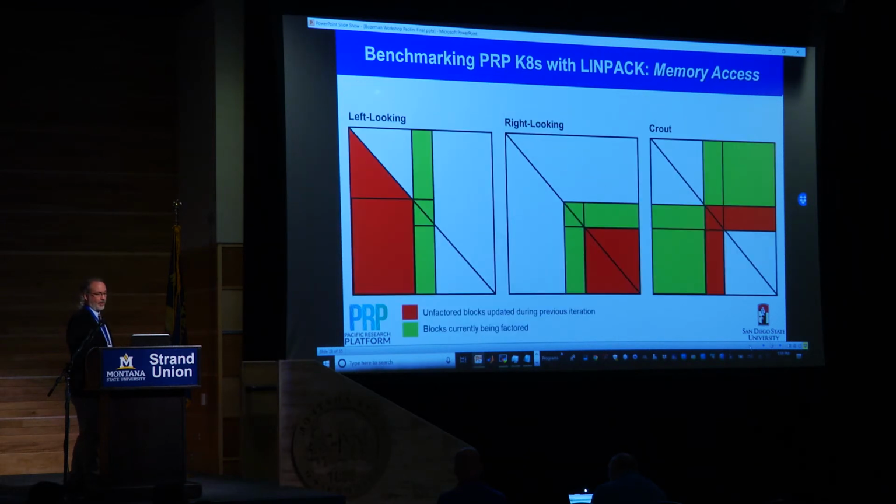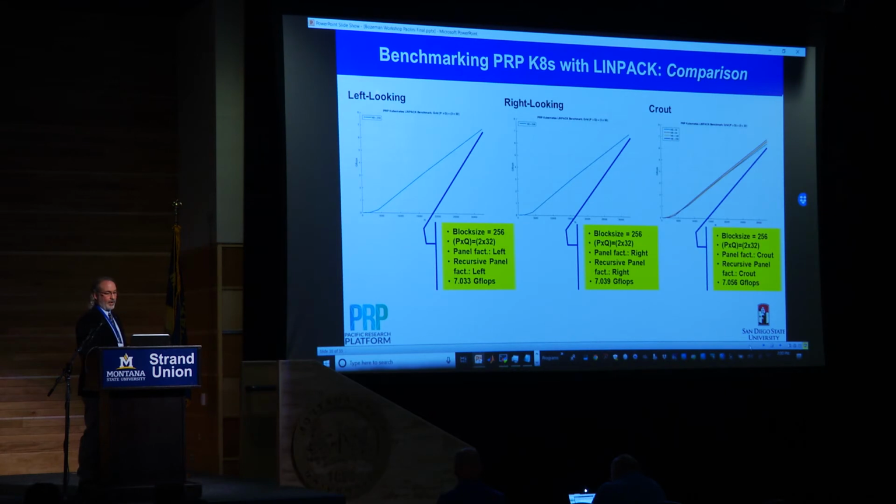So if you look at the memory access pattern from these three different methods, this is the template that you have. Here's the right-looking that we just saw. Kraut looks like this, and then there's another one called left-looking. So we can experiment on the PRP network. We can see, does it make a difference which panel algorithm we choose?